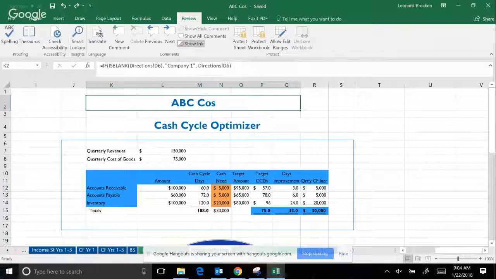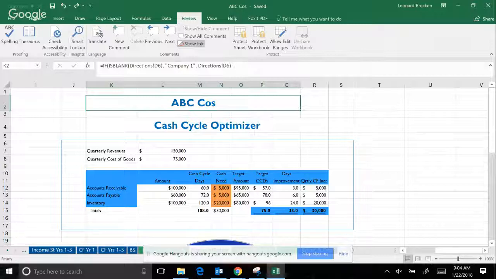So the days that those accounts are outstanding. We come up with a formula called the cash cycle days, which in this example is 108, of how long it actually takes you to collect your cash or disperse your cash. So in this case, it's 108 days.